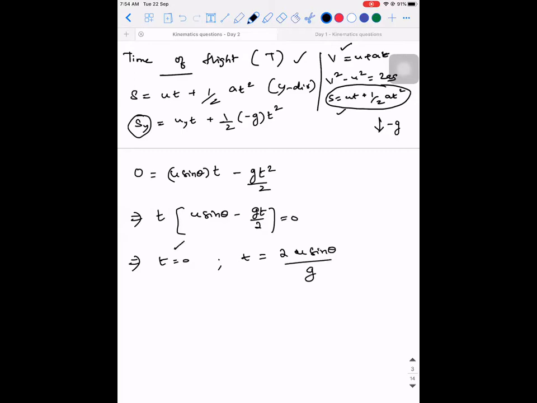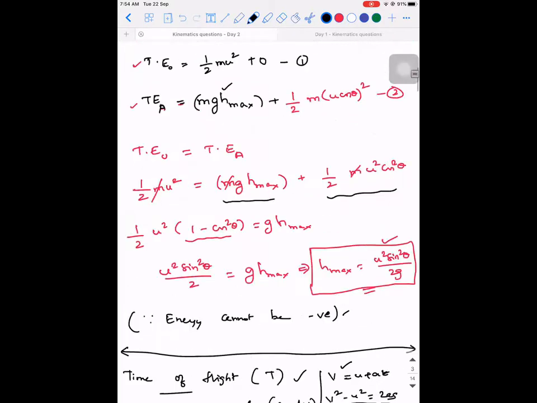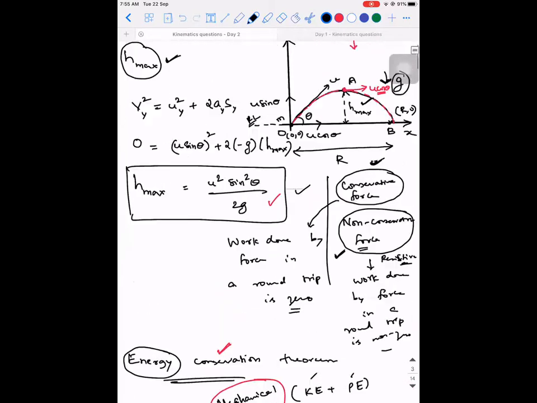So what does this t is equal to 0 represent? At the initial point, the time. Yes. So where did we start the derivation? We said the displacement of the particle is 0. If you observe the total motion, what are the two points at which the displacement is 0?